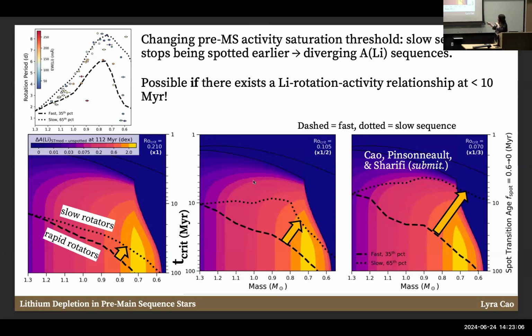You have all the slow rotators up here with cooler colors, which indicate the discrepancy is that they mimic almost a non-spotted model. And so you have all the slow rotators and the rapid rotators create that dispersion, and you can create the Pleiades lithium spread in that fashion.